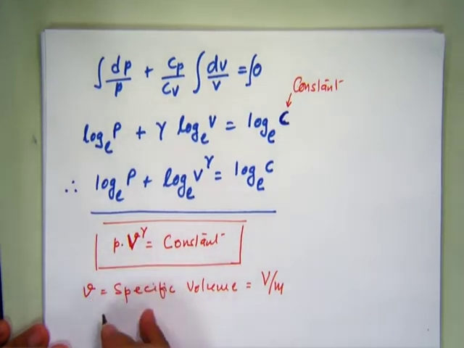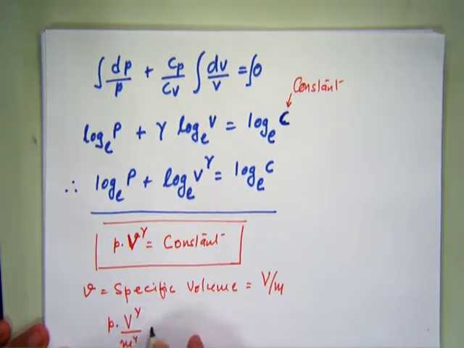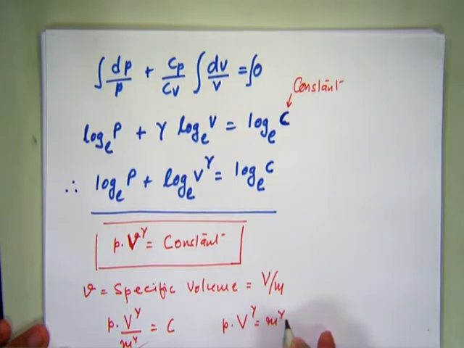Put this value over here: P into capital V raised to gamma upon m raised to gamma is equal to C. If we multiply, P into V raised to gamma is equal to m raised to gamma into constant C.